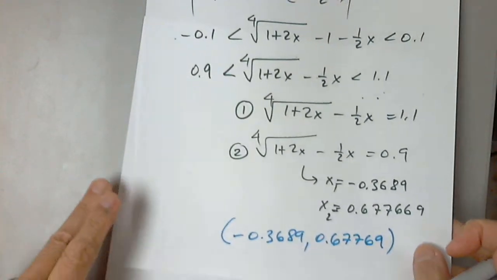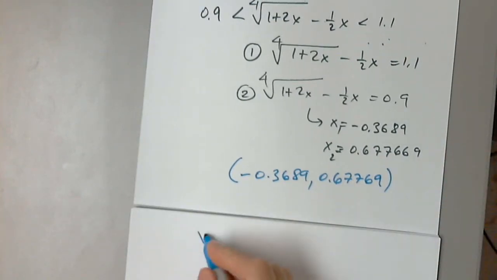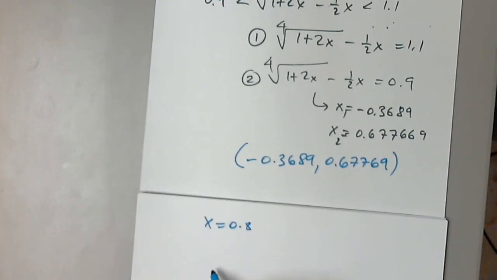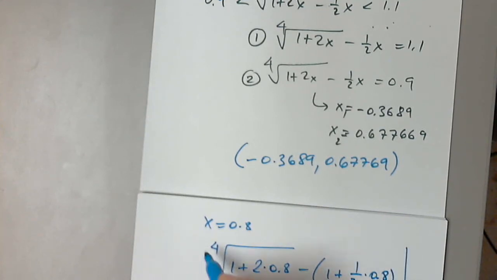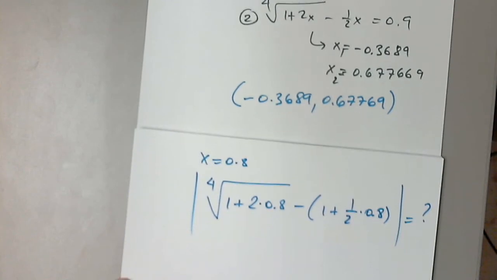I'm going to pick 0.8. So for x equals 0.8, I have the fourth root of 1 plus 2 times 0.8 minus 1 plus 1/2 times 0.8. And let's see what we get. I guarantee you that we get a number greater than 0.1, because we are outside of that interval.